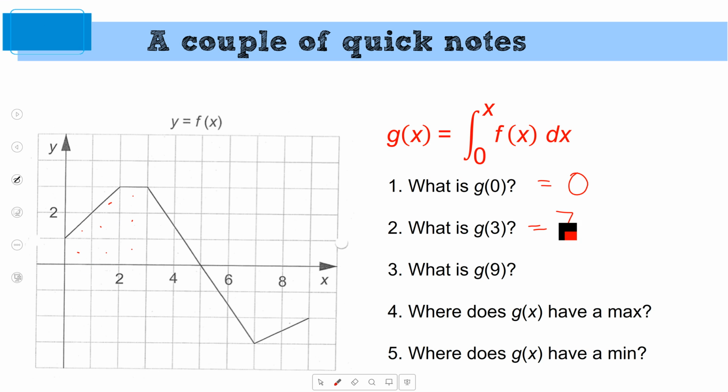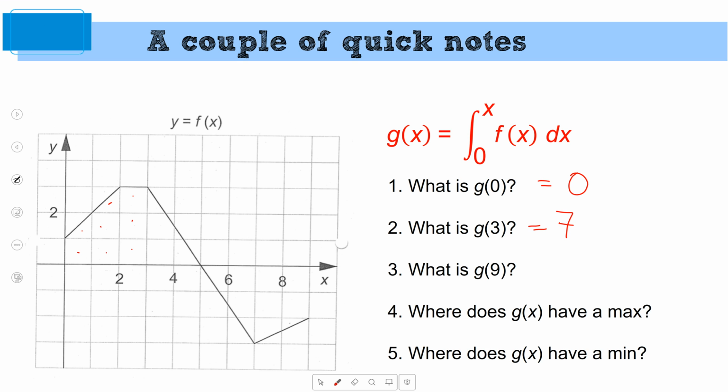Love it. What's g of 9? By the way, before we answer that, will g of 9 be bigger or smaller than g of 3? Smaller. Why, Conrad? Because it goes down into the negative, so the area is going to decrease.